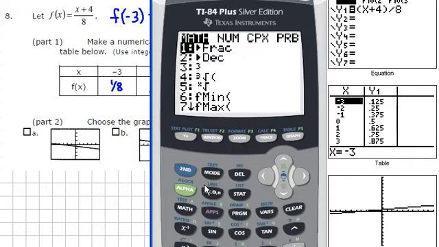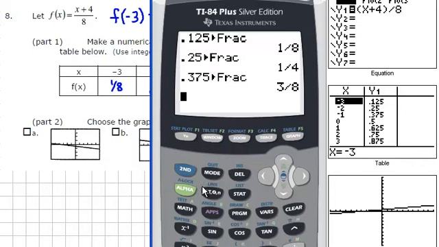Enter each decimal value, go to the Math menu, and then select Convert to Fraction, and it will convert it into the fraction. So we have 1/8, 1/4, 3/8, and you might notice a pattern there that the first one is 1 over 8. The second one is 2 over 8, but reduced to lowest terms. The third one is 3 over 8. The next one will be 4 over 8, and so on.